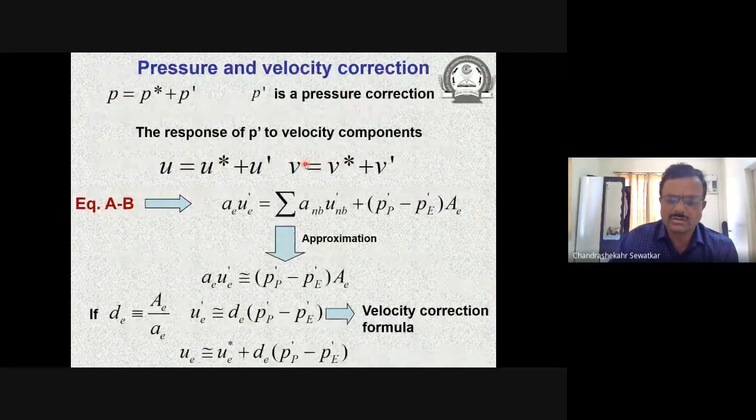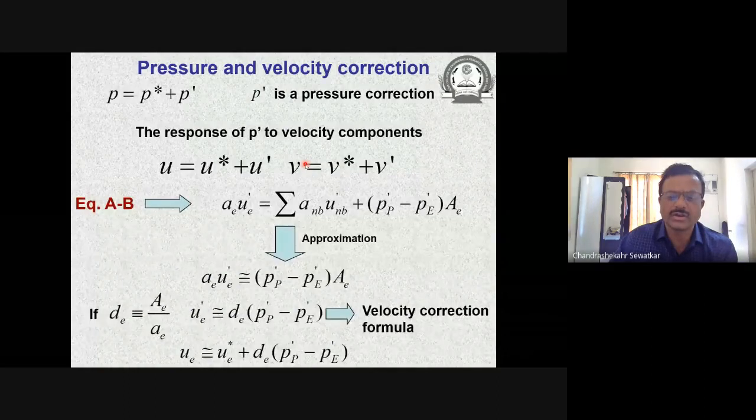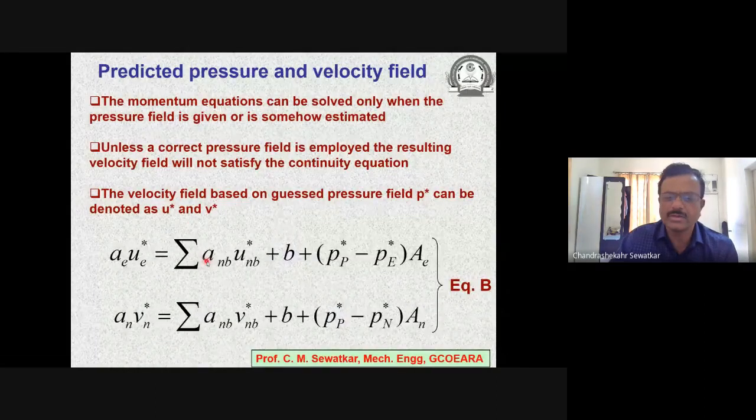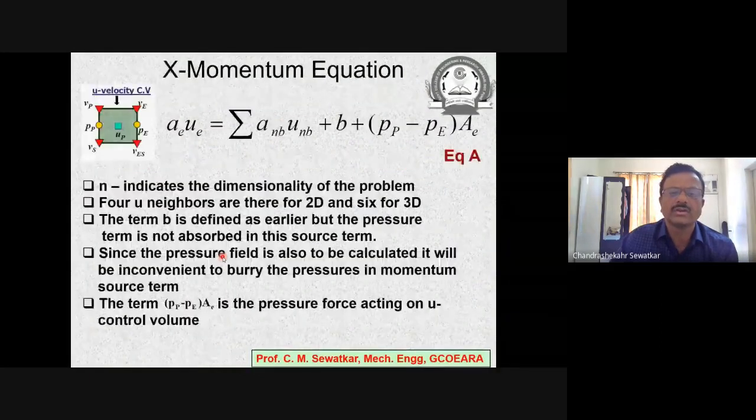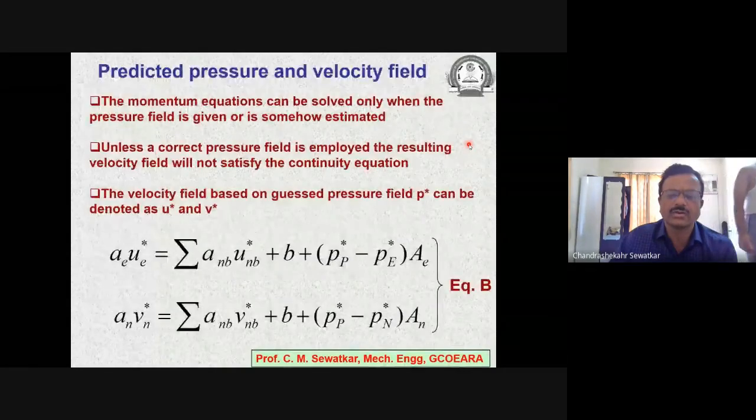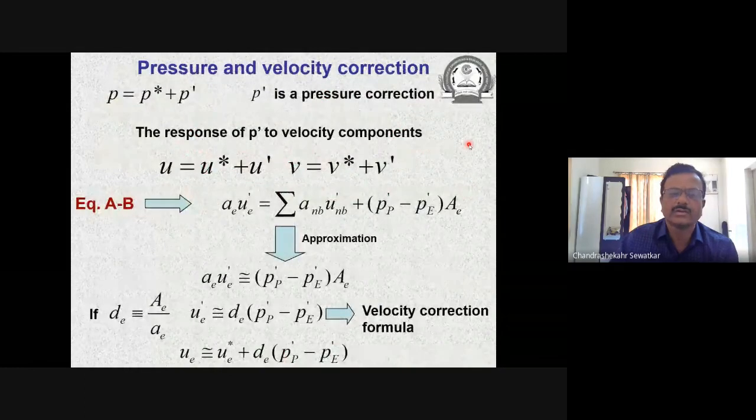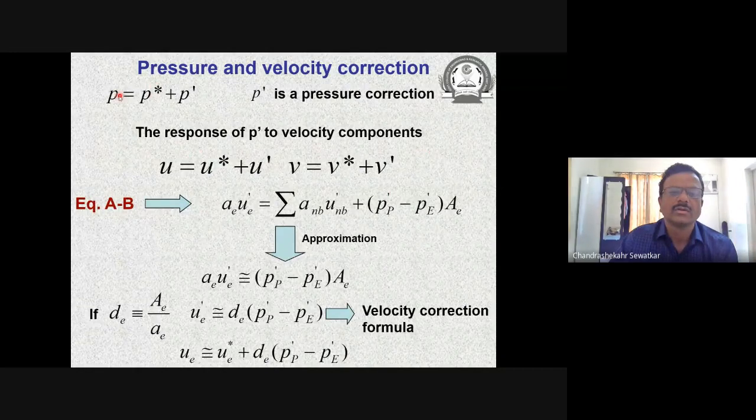So now, if I subtract equation B from equation A, where equation B is in terms of guess velocity and this equation is in terms of actual velocity, what I obtain is C. If I subtract guess pressure from actual pressure, and guess velocity from actual velocity, what I obtain is the prime velocity.